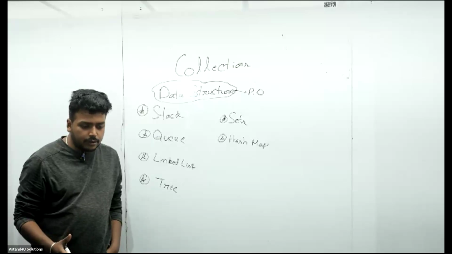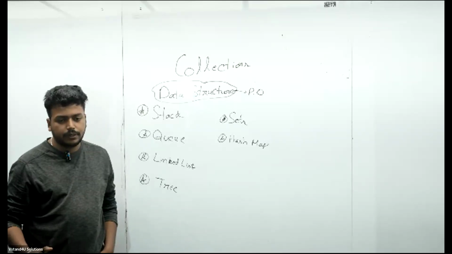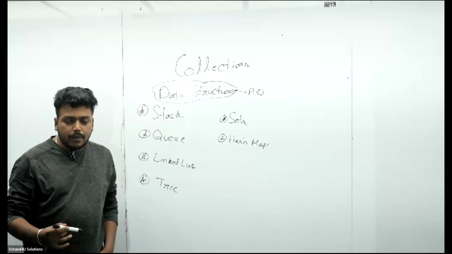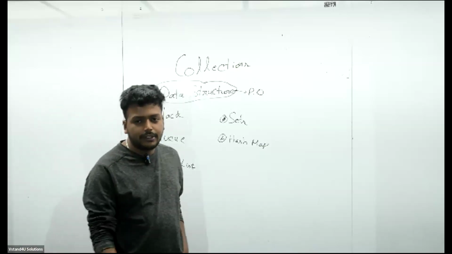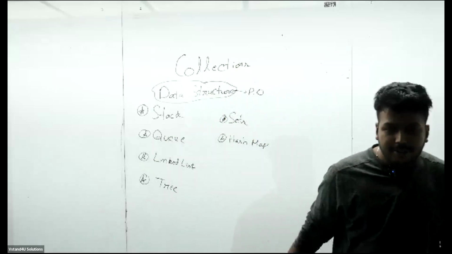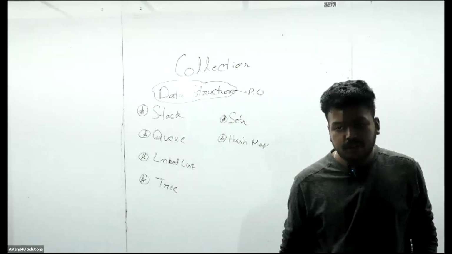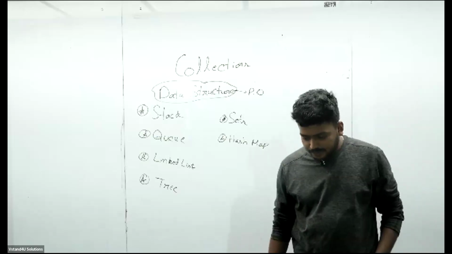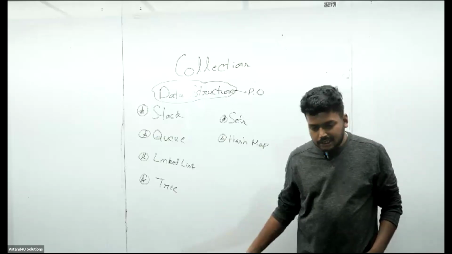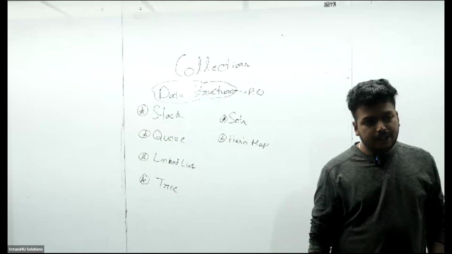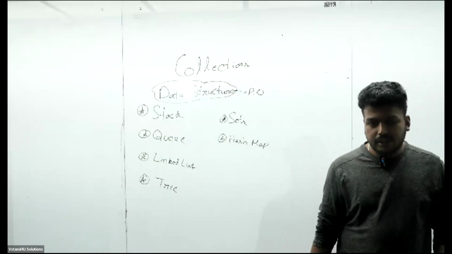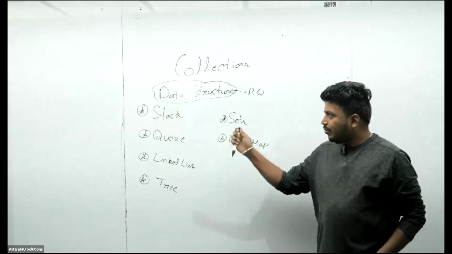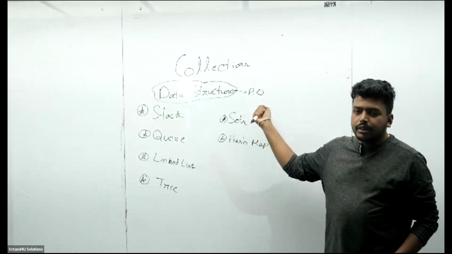If you learn 50 to 60% of the ocean, company people will come to your home and hire you. But it is very difficult to learn. Even I am also learning data structure deeply, but it is very difficult.